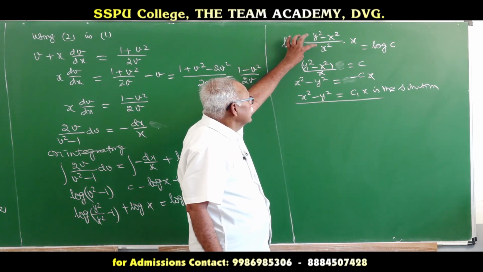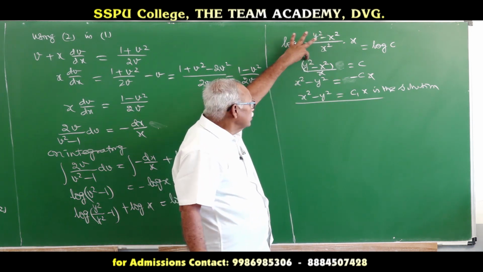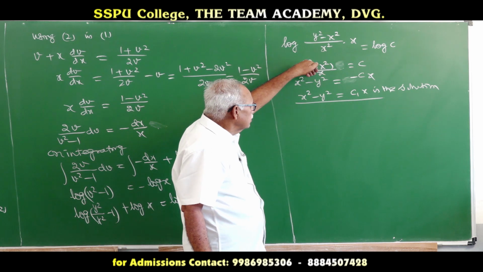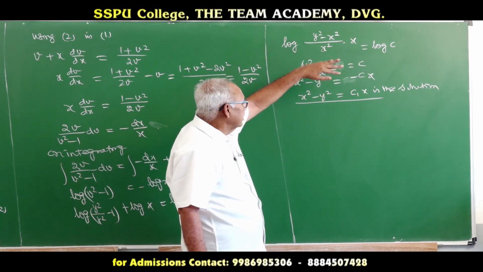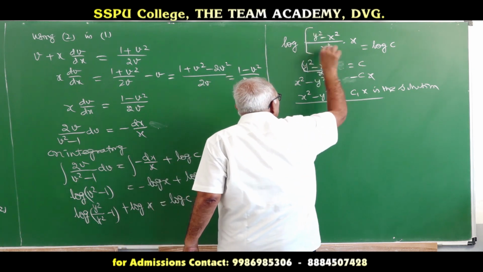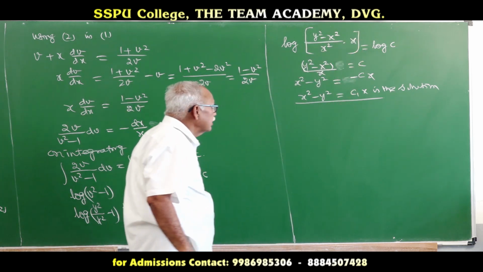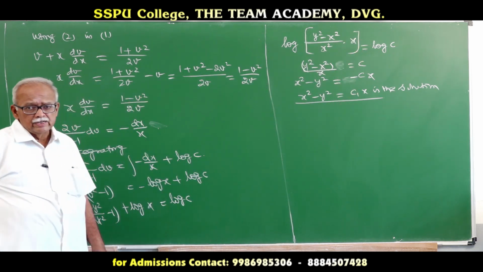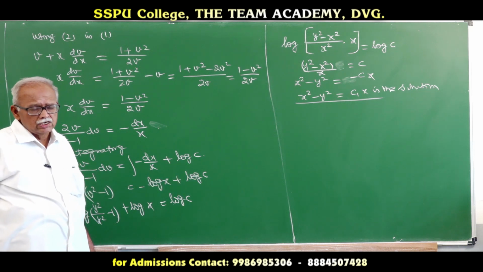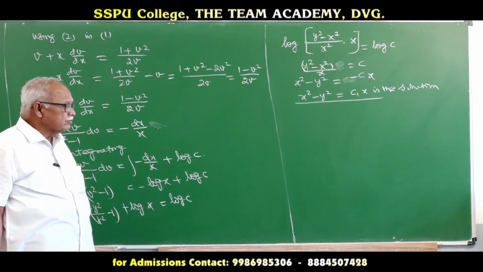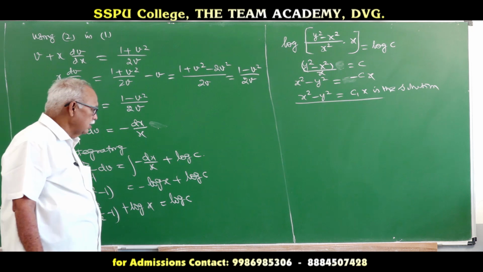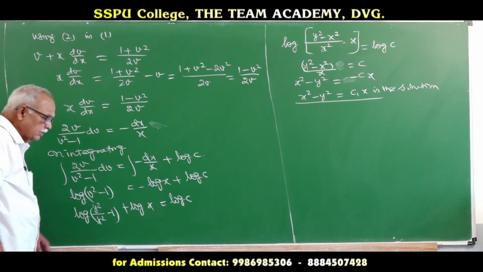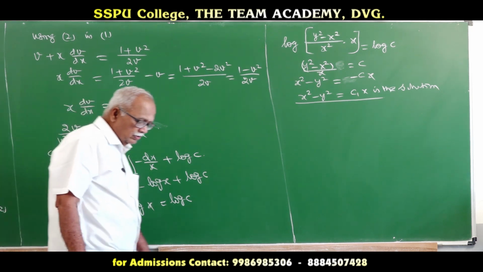So, y square minus x square by x, take this to the other side, log cancels. So, here you get this. So, x square minus y square is equal to minus c, you can write it as a constant c1. So, x square minus y square is equal to c1 into x is the solution. Okay. Next we will go to the exercise.